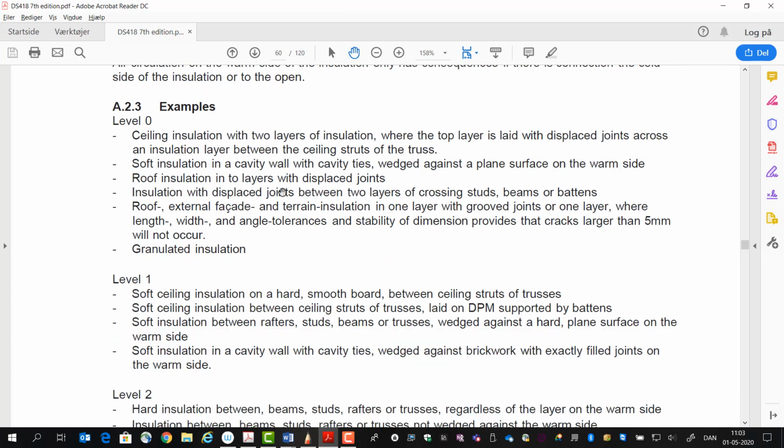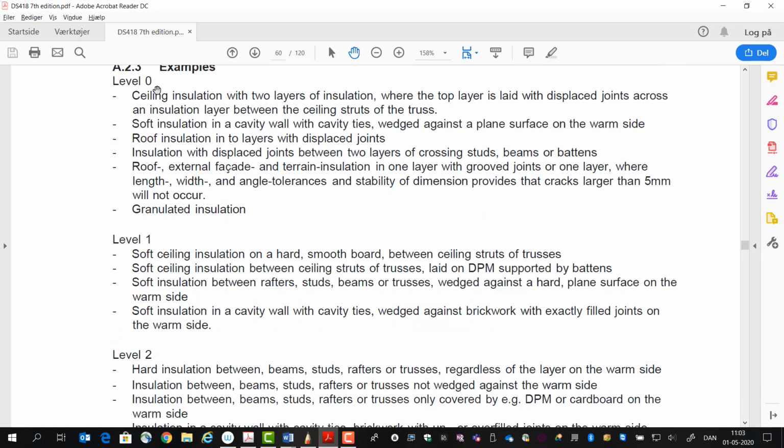Here we have these examples where we can see level 0, level 1, and level 2. And now we are here, soft insulation in a cavity wall with cavity ties, which is again a planned surface on the warm side. And as we have elements which are glued together, we have a planned surface.